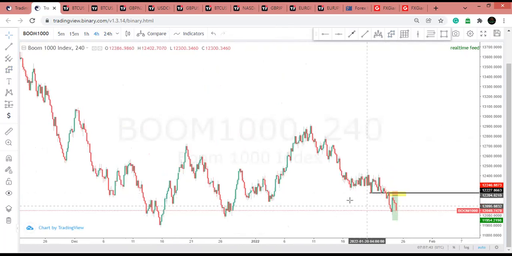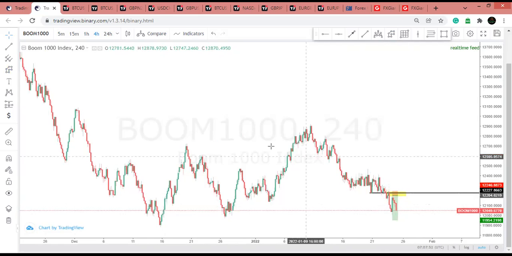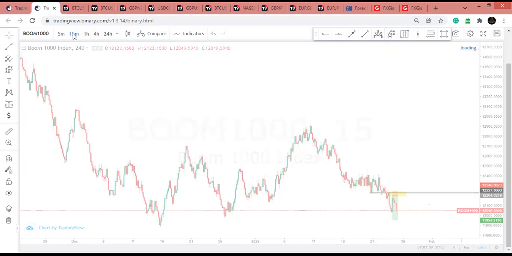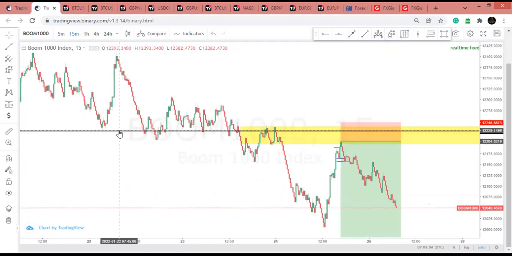And after the 4 hour structure got broken here, I actually waited. I went straight to my lower time frame, my 15 minutes time frame, after I realized that the structure has been broken on the 4 hours time frame. See, this is the black line I showed to you on the 4 hours time frame. So after I saw that it has been broken, I think price was around here.